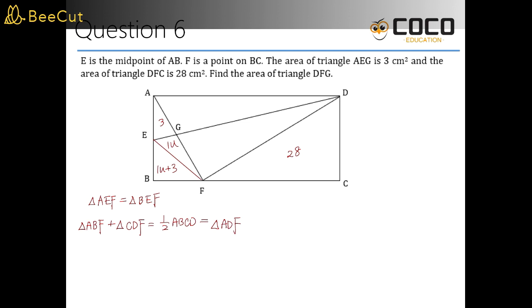So we put in the values: 3 plus 1U plus 3 plus 1U plus 28 equals the area of triangle ADF. So 2U plus 34 equals the area of triangle ADF.